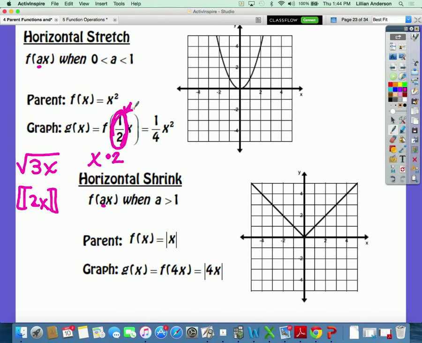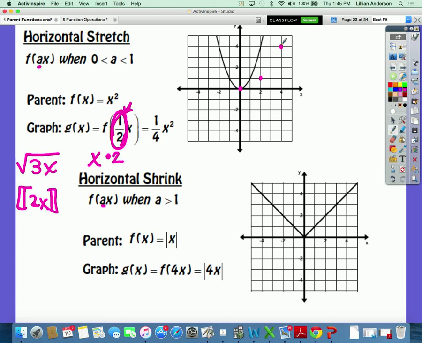I don't square the number to figure out how exactly it's going to be stretched. So that means all of my x values that are on my parent function are going to be multiplied by 2. So 0, 0 will stay 0, 0, but 1, 1 will become 2, 1. 2, 4 will be 4, 4.